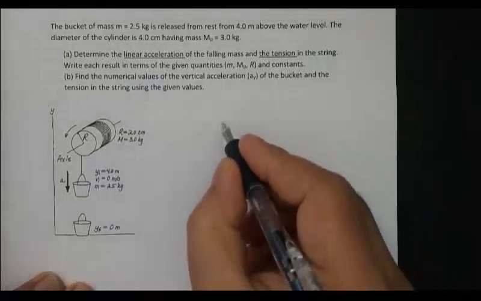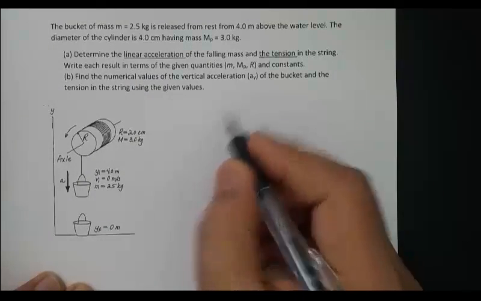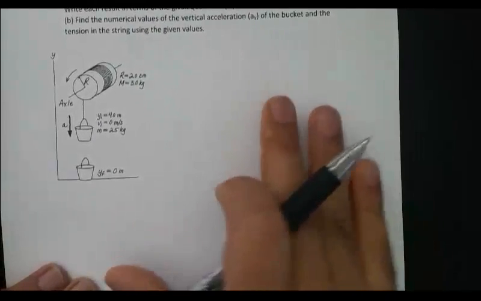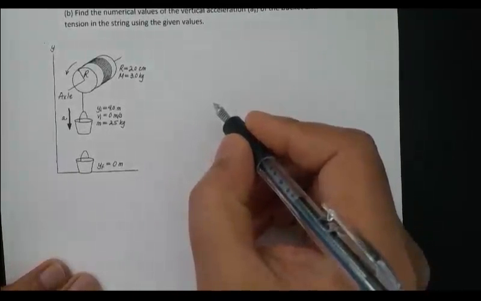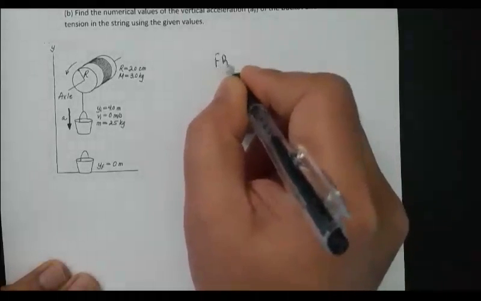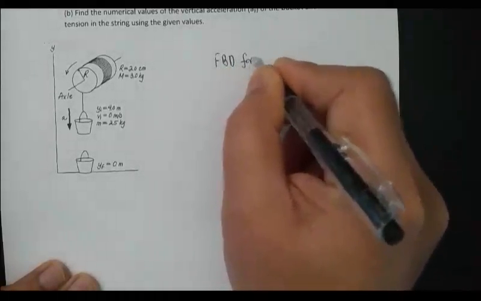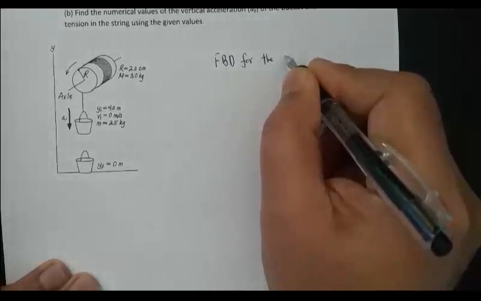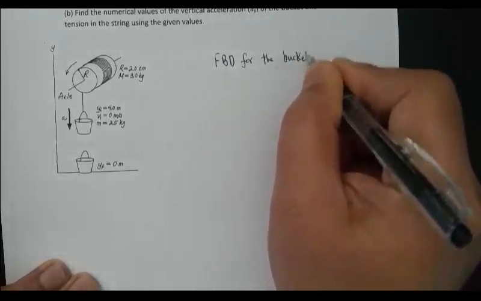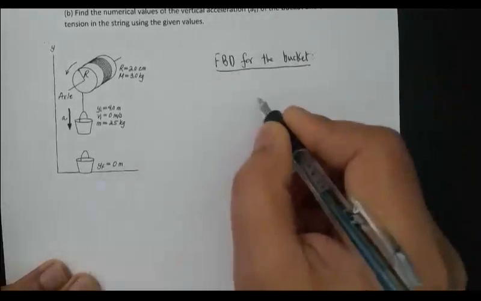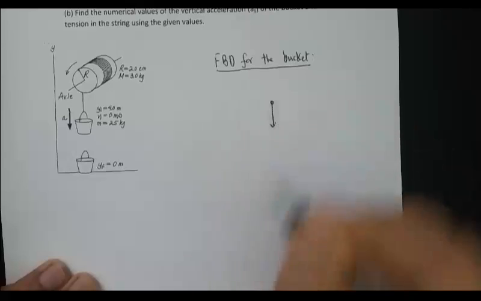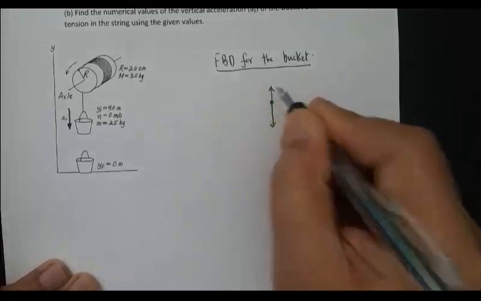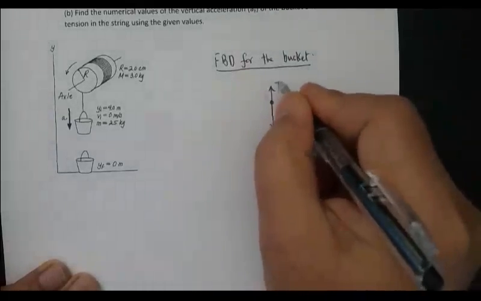Let's get started. When you deal with force and torque, you always have to deal with the free body diagram. So I'm going to start with the free body diagram for the falling bucket. The bucket is pulled up by tension.